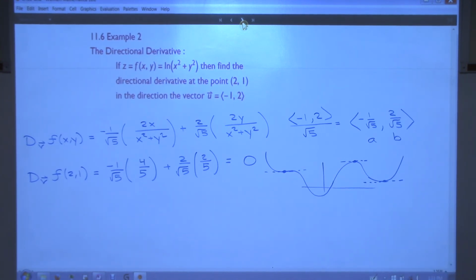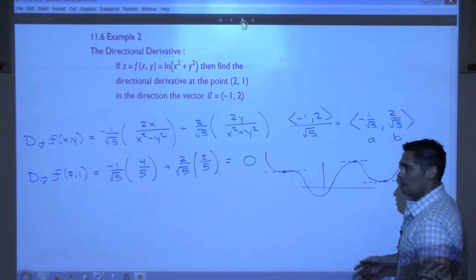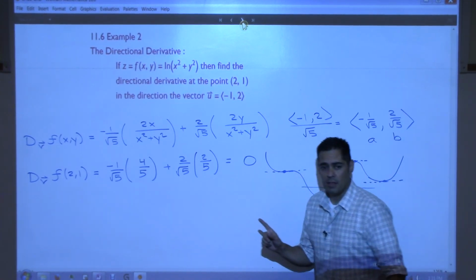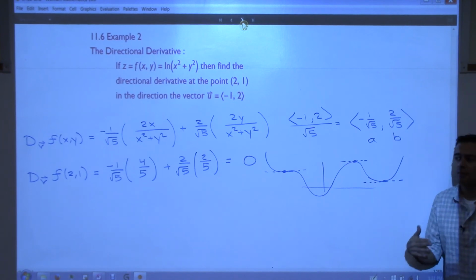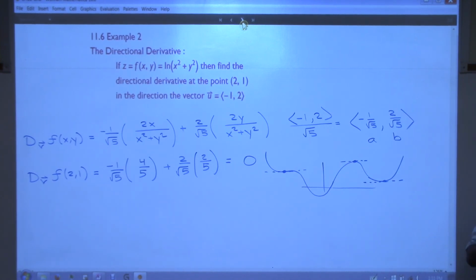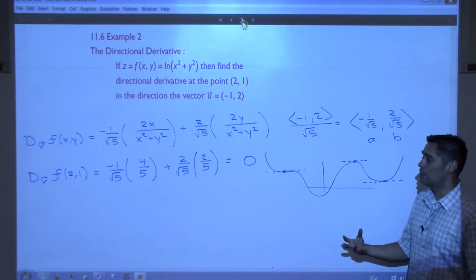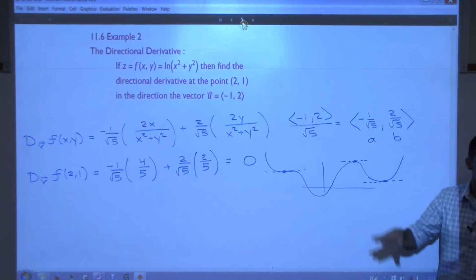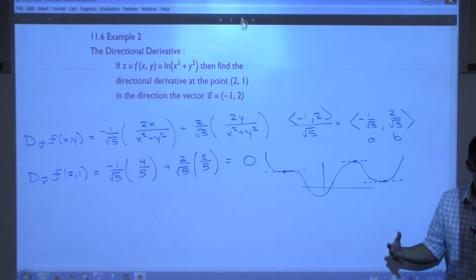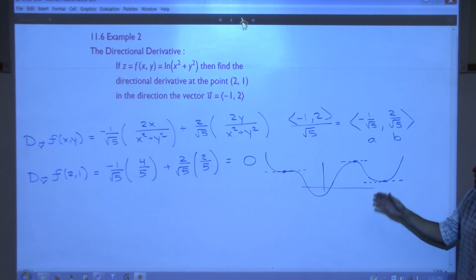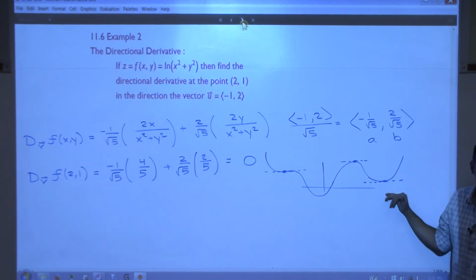The next section, in fact, is about trying to find the maximums and minimums of a function of two variables. It's a procedure for how we find the highest and lowest points on surfaces. Do you remember, in Cal 1, we had the first derivative test and the second derivative test?